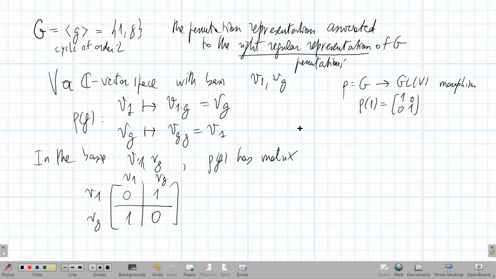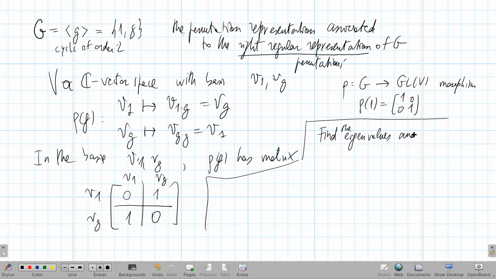I leave this to you as an exercise: find the eigenvalues and eigenvectors for rho g.